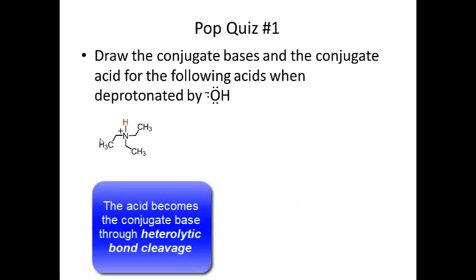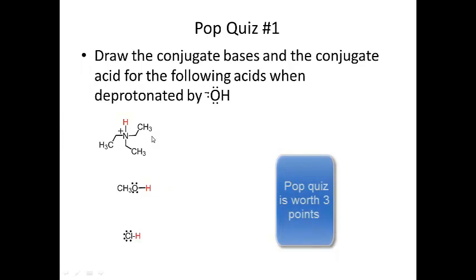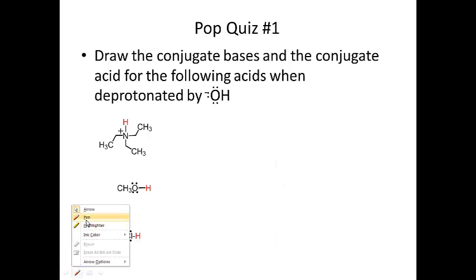Here's a pop quiz, and you'll get 3 points for each one of these pop quizzes that's embedded within this presentation. Can you draw the conjugate bases for each of these acids if they're being deprotonated by OH minus? Let me start you off with the first one.